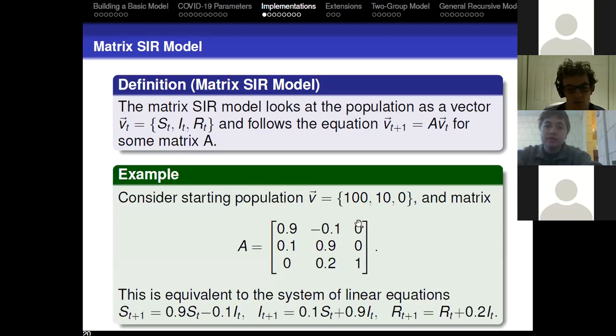This is a simple A matrix. Remember, you can also write this as a system of linear equations. That's how matrix multiplication works. You're just going to get these recursive relations for each one of these.